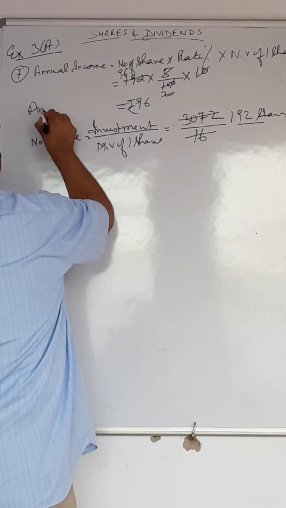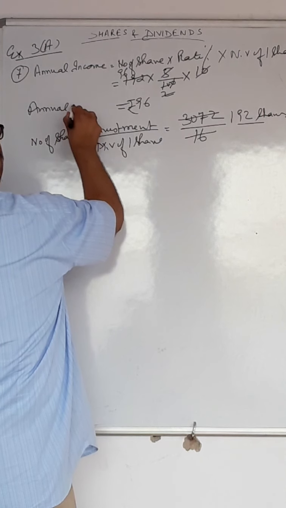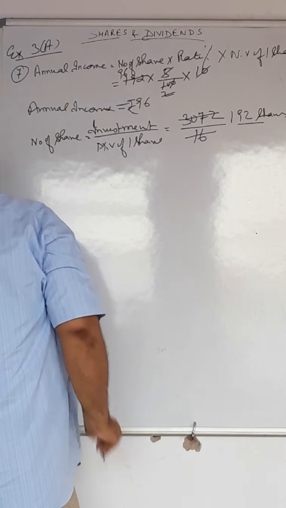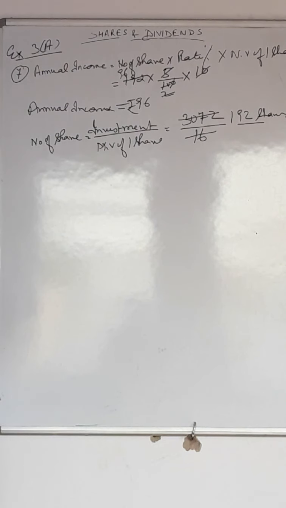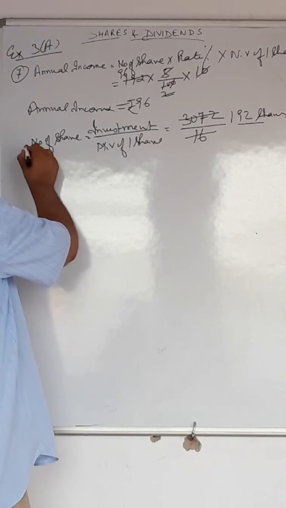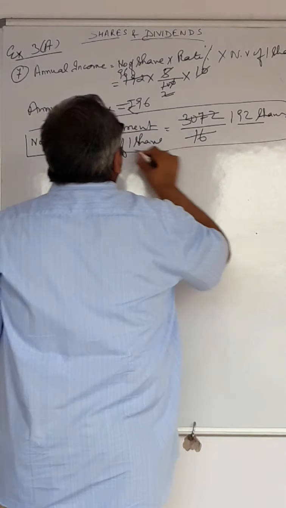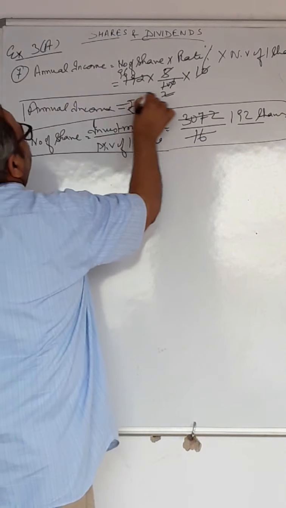Annual income. Please check this answer. Annual income rupees 96. This is the first answer.